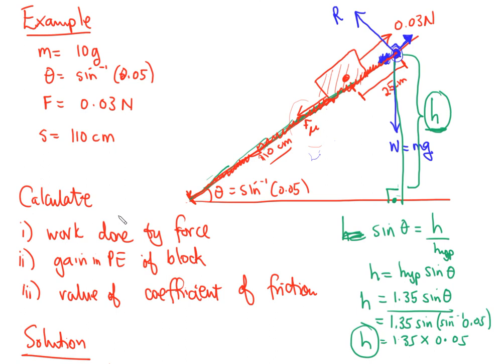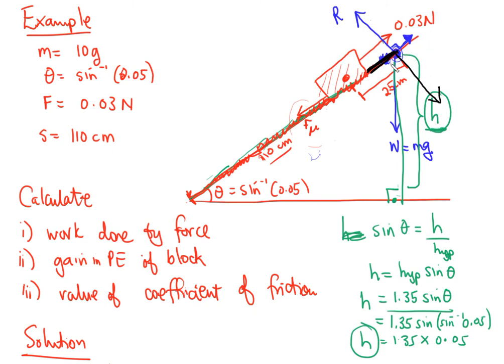Because this object is not flying off the inclined plane, whatever is pulling it off the inclined plane is equal to whatever is pulling it onto the inclined plane.